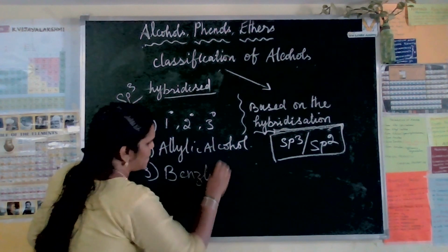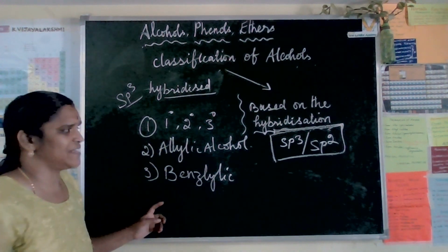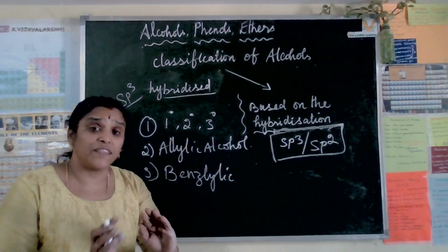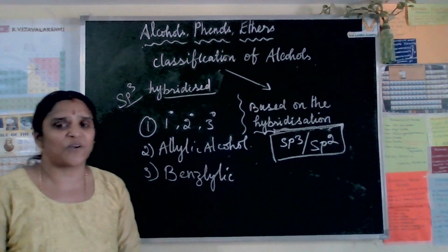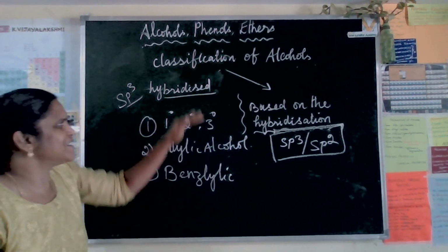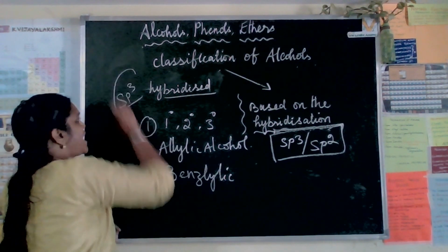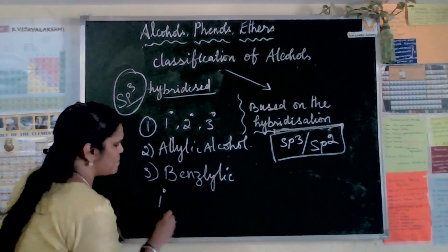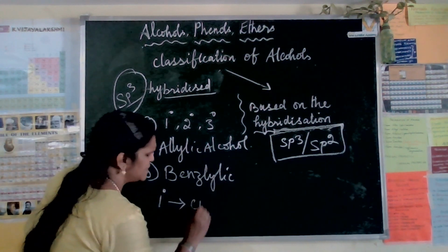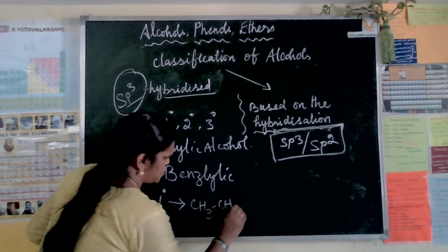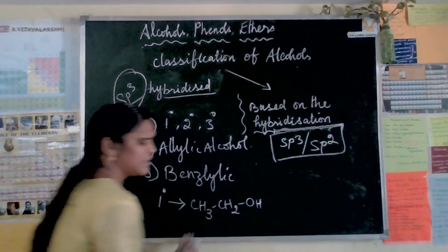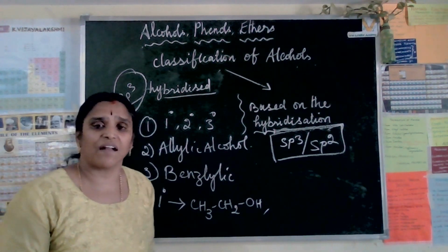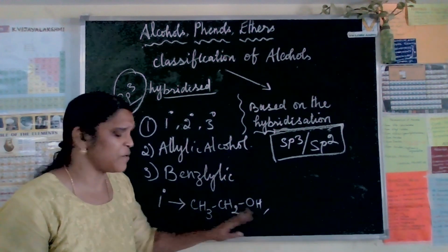In all three groups, the OH group attaches to a saturated hydrocarbon, so that is called sp3 hybridized, 100%. Now, for example, primary: how to identify? CH3CH2OH, ethyl alcohol, methyl alcohol, butyl alcohol, propyl alcohol. There is only one OH.